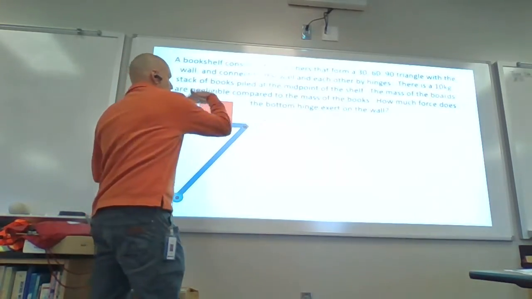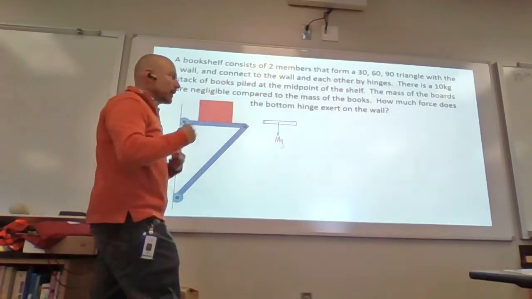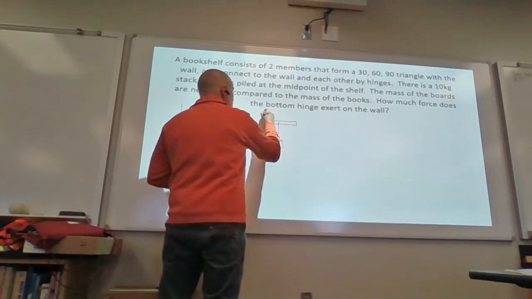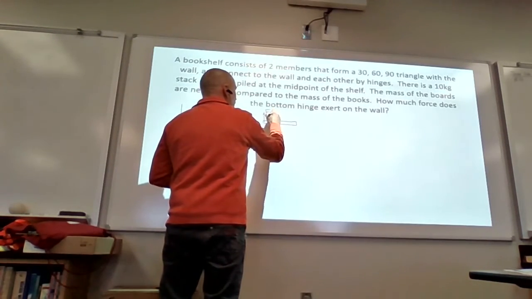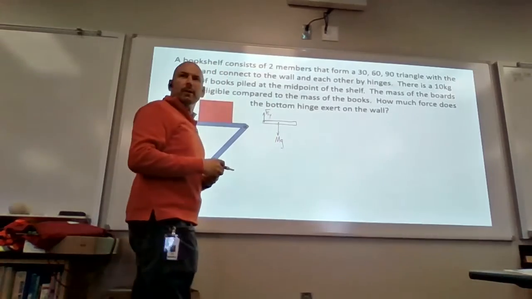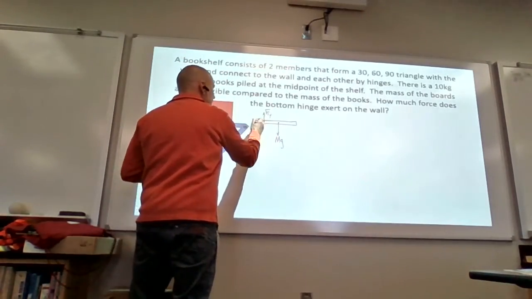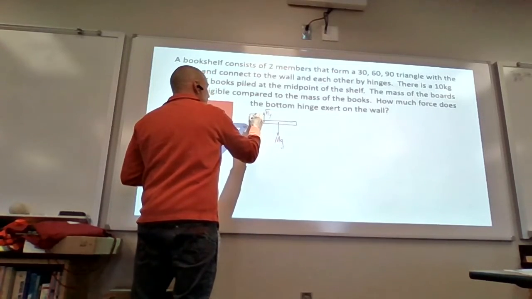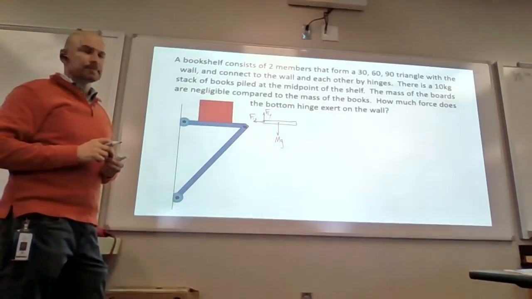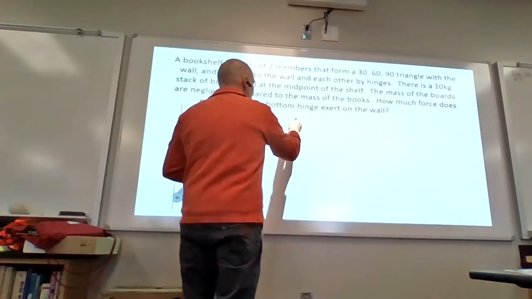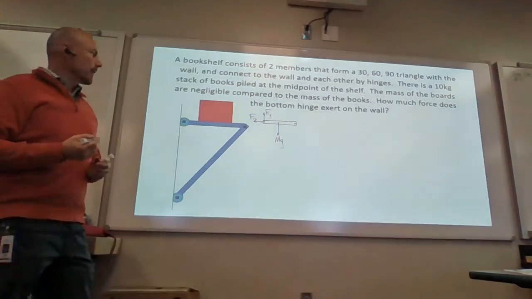I'm going to say I've got an F1y, a Y component, and then an X component is going to fall away. So I'm going to say it's holding that against the wall. So F1x. And then here you have a pivot, a pin. Anytime you have a pin or a pivot, you have the same thing.